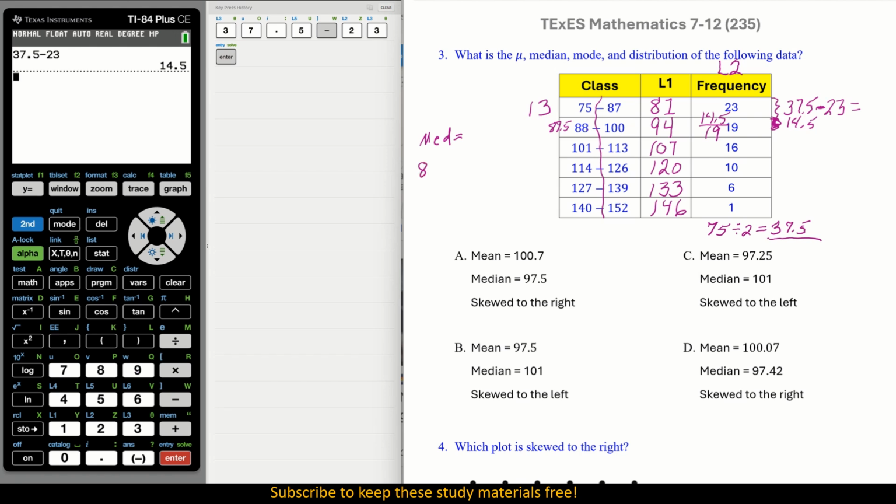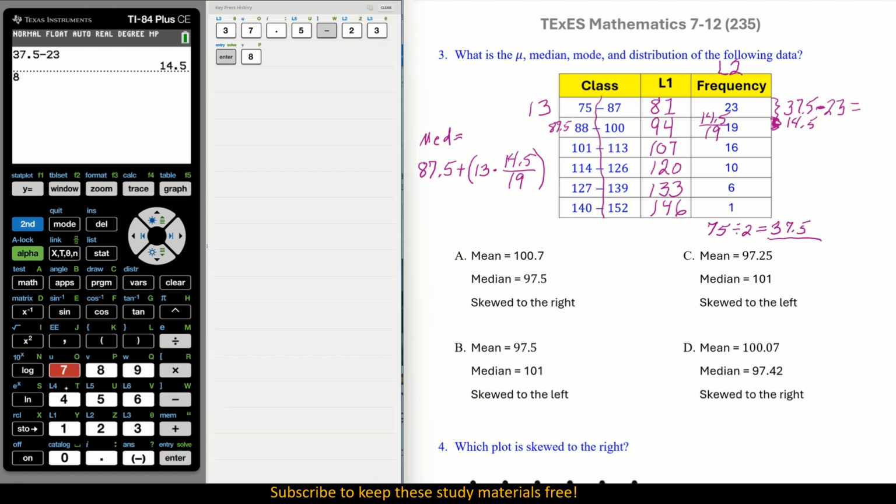Okay, so I need 87.5. I'm going to add that to the width of that class, which is 13. And then this will be multiplied to the fraction of the class that we are using, which is 14.5 over the 19.